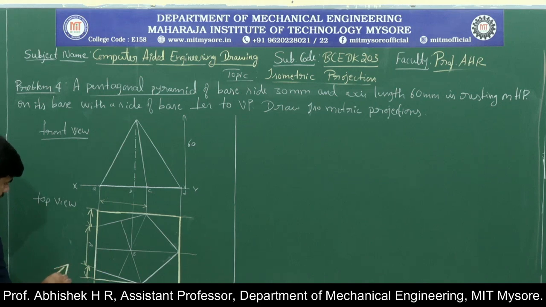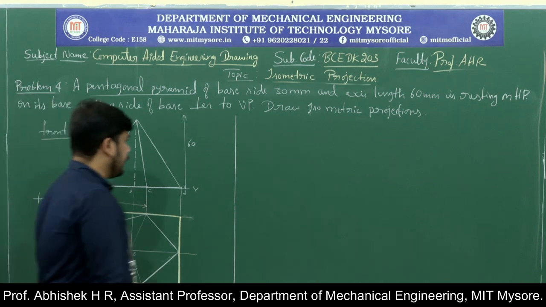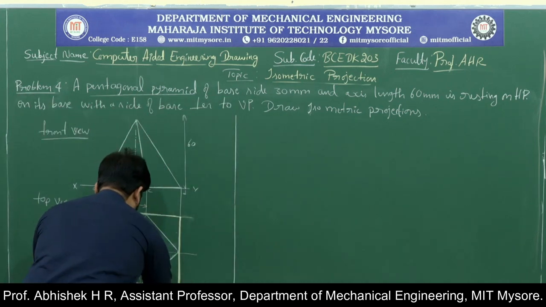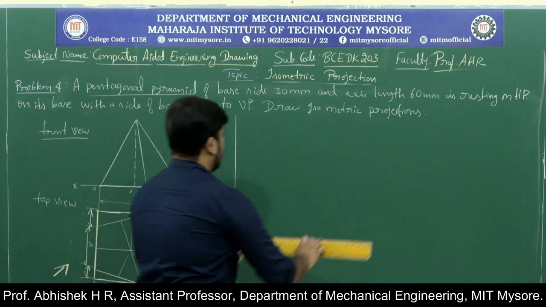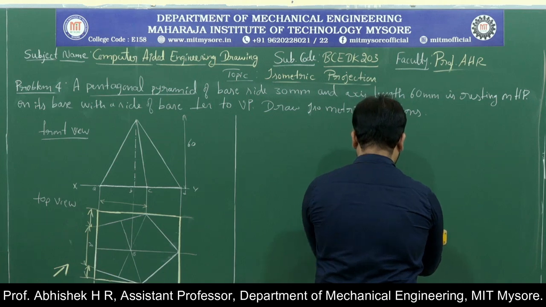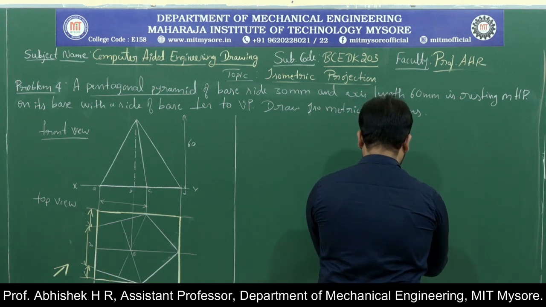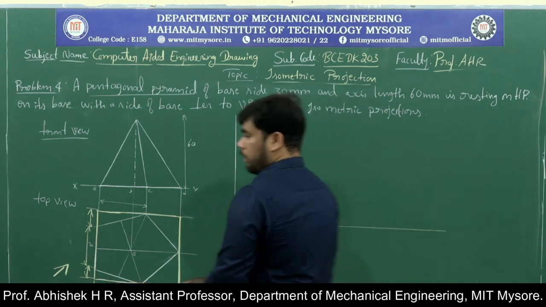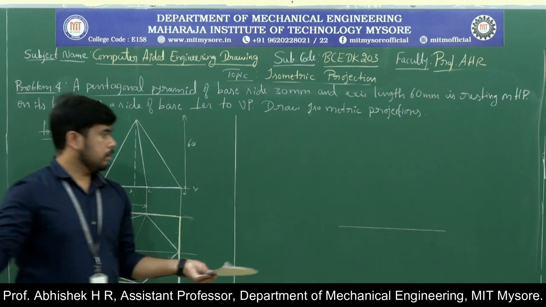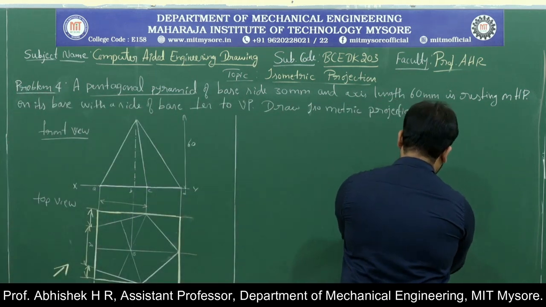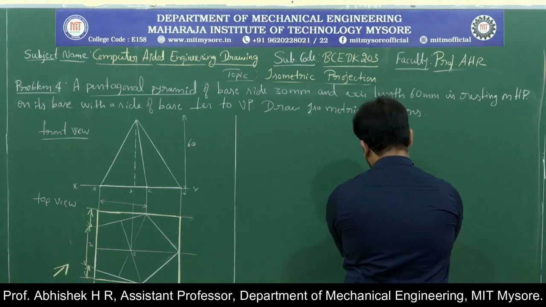Okay, just consider this point. From this point I am just drawing the line. What is the square dimension here? First we need to measure this area. Okay, and as usual, 30-degree direction.